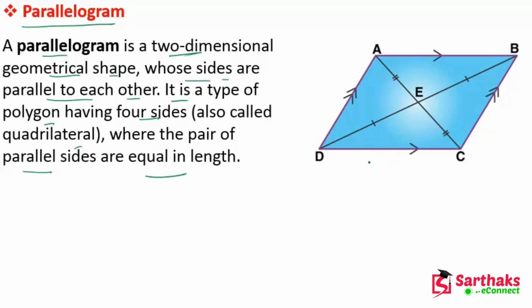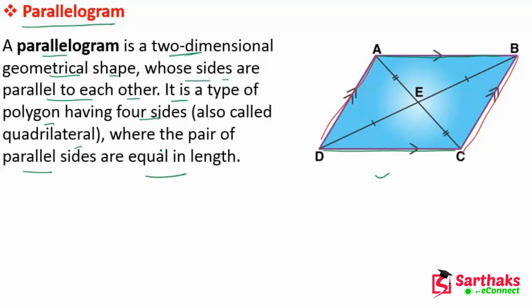Here you can see this is the parallelogram in which opposite sides are parallel and equal. Means AB is parallel to DC and also equal. Similarly, AD is parallel to BC and also equal. So a parallelogram is a quadrilateral with two pairs of parallel sides, and the opposite sides are equal in length.